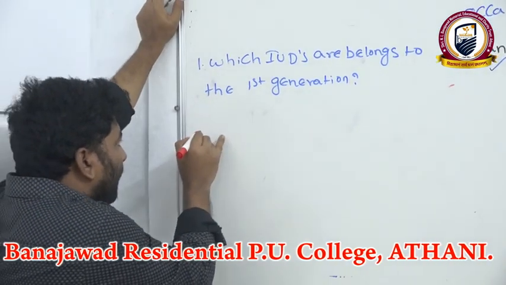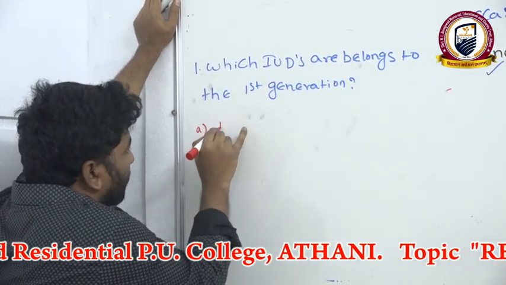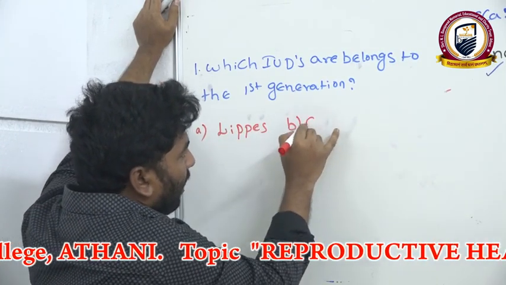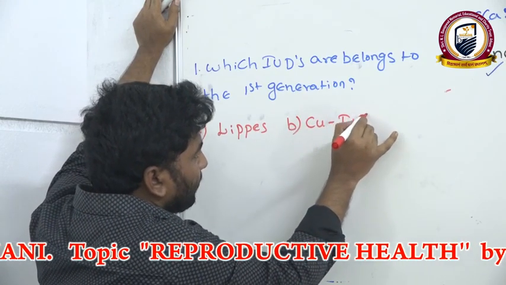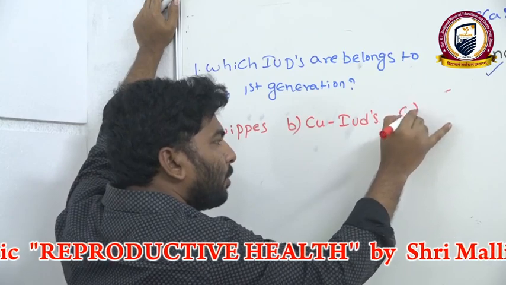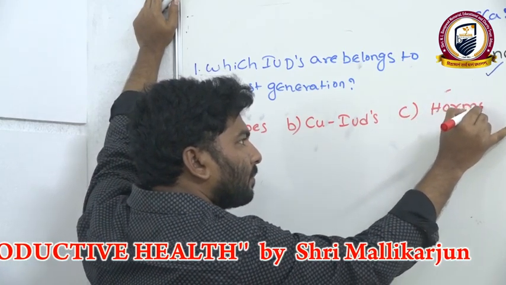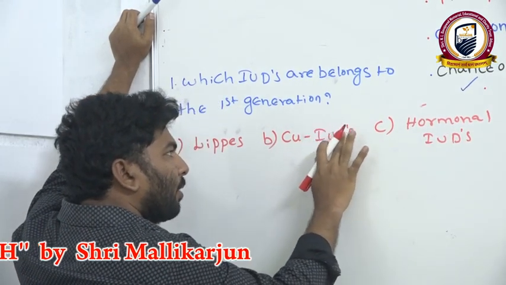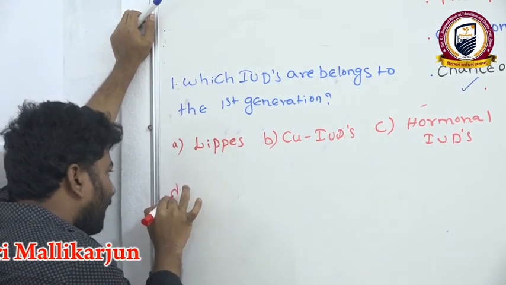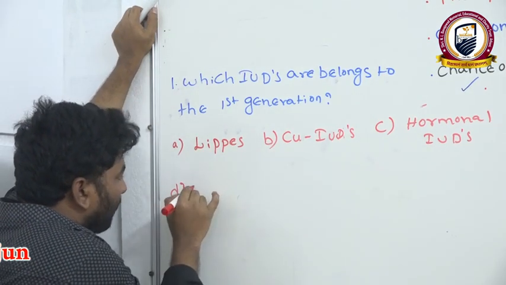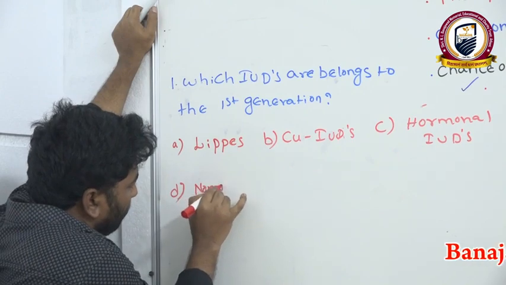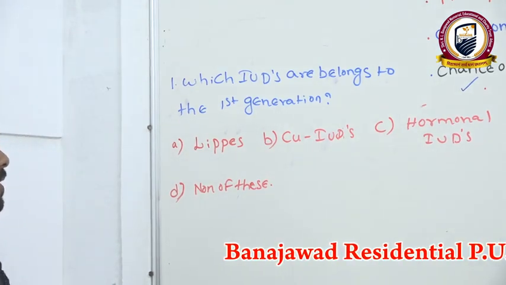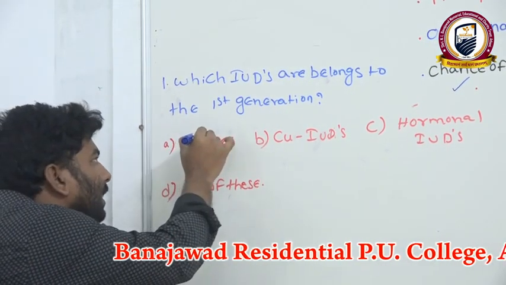Option A, lips loop; option B, copper IUDs; option C, hormonal IUDs; and option D, none of these. Clear? Now in this, which one is correct for the first generation is lips loop.